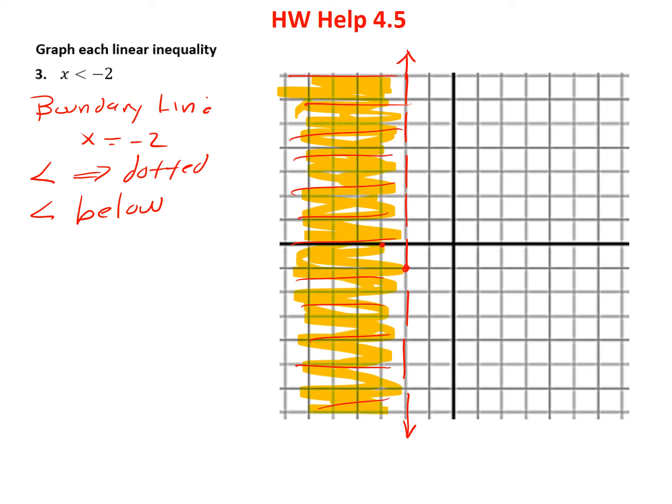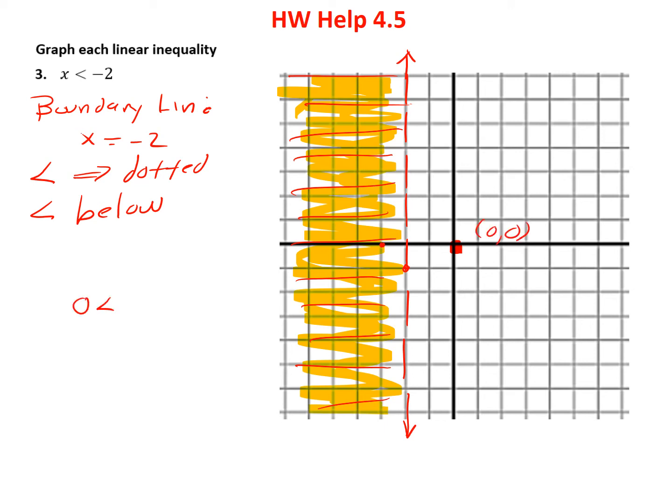And by the way, you can always check it. One easy way to check is to pick a point. For example, let me pick the point 0, 0. According to this, 0, 0 shouldn't work, right? It's not in the shade. So let's see.